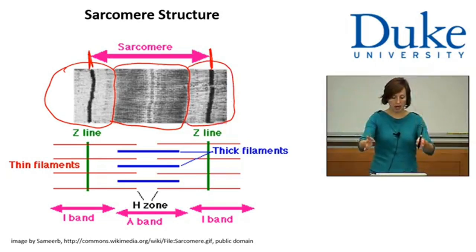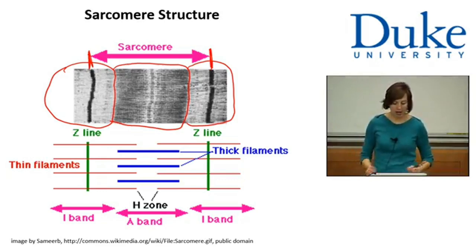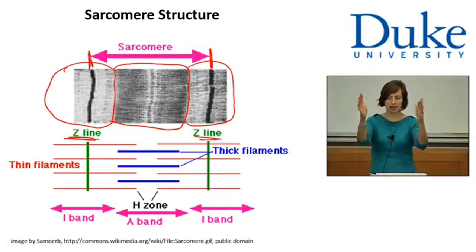Below that image, we can see the filaments that are causing that pattern. We have these Z lines, which are the ends of the sarcomere. They determine the borders between the sarcomeres.